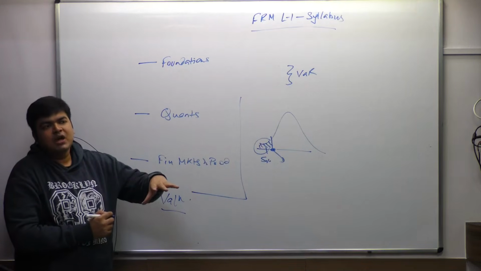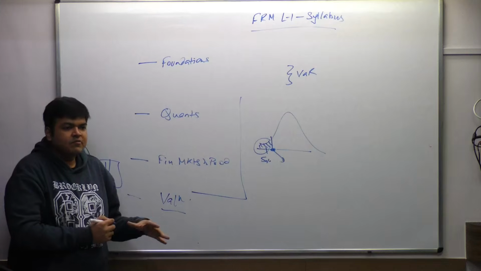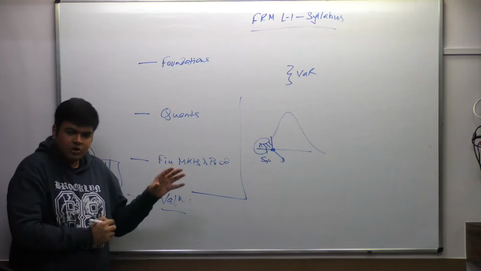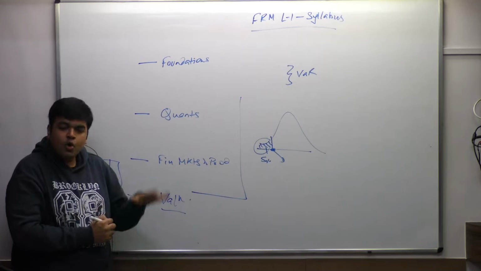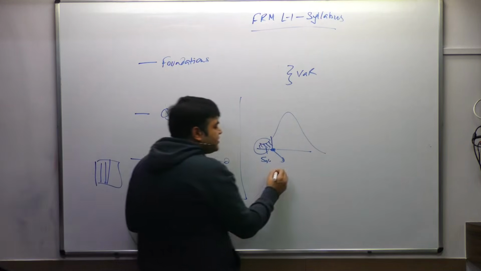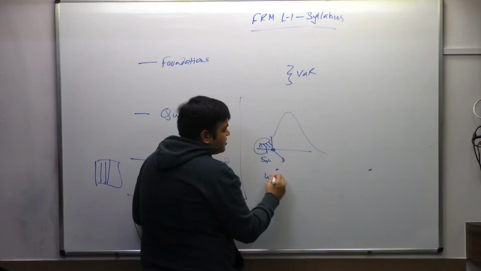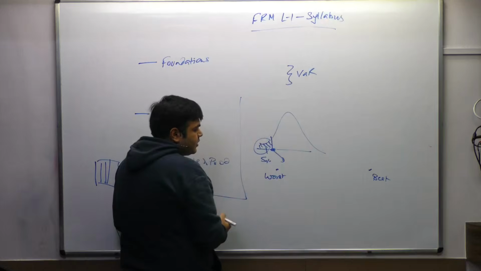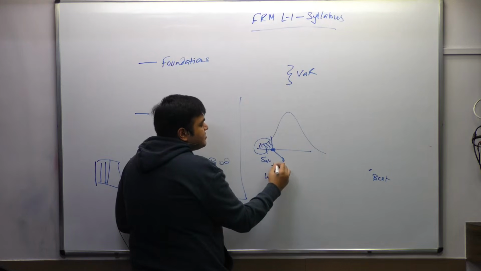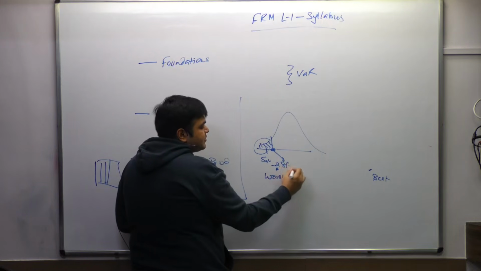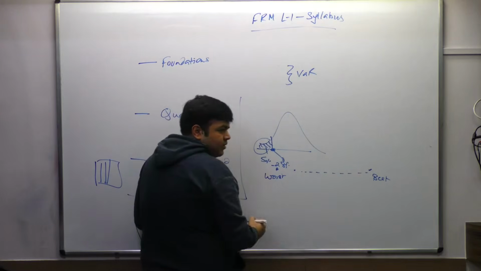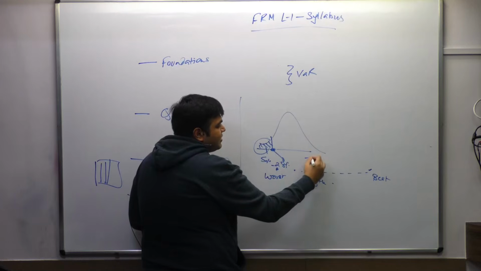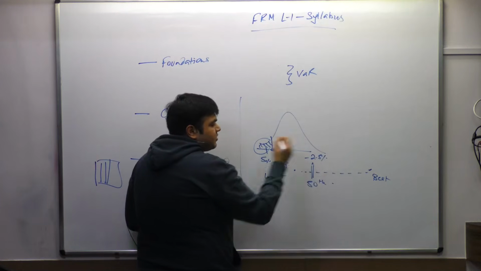Say for example, I've collected my profit or loss for the last 1000 days. What I do is I arrange all those profits and losses from the worst to best. So the worst loss was, let's say, minus 28%. The 50th worst loss was equal to minus 2.5%, let's say.